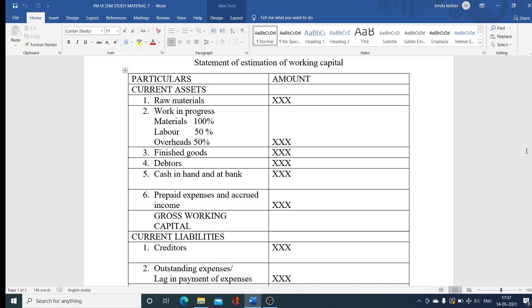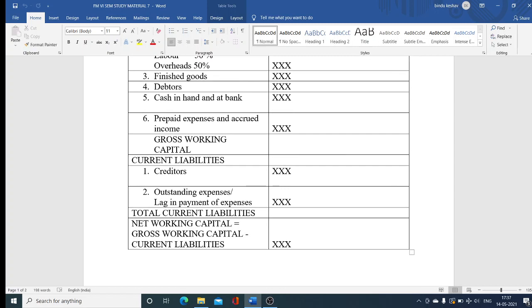Now we find out the current liabilities. The creditors may be for the purchase of materials, then any outstanding expenses. For example, wages paid after a month, manufacturing expenses paid after a month, or administration expenses paid after 1 or 2 months. All these come under the outstanding expenses or lag in payment of expenses.